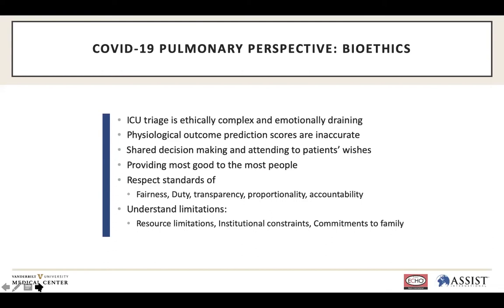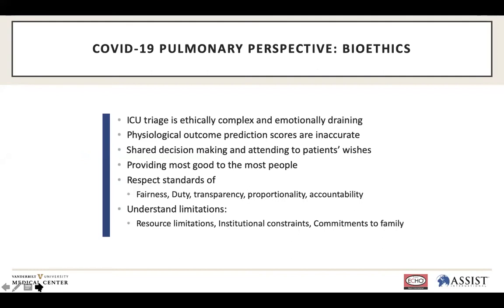And yet, you remember that our scoring systems are inaccurate and many patients fall off the typical predictions. The shared decision-making and attending the patient's wishes is really critical and yet cannot be always respected depending on the circumstances, the volume, and the resources available.